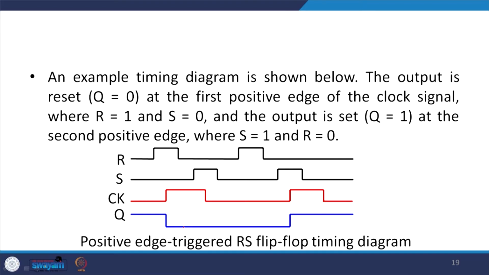At this location the Q value is 0, and here R is equal to 1 and S is equal to 0, and you have the clock signal over here. Similarly, we can see that the Q value is 1 over here at the second positive edge, at this place, where S is equal to 1 and R is equal to 0 in this zone.